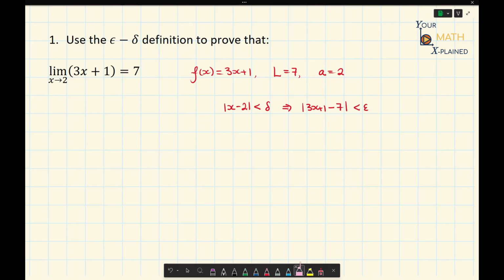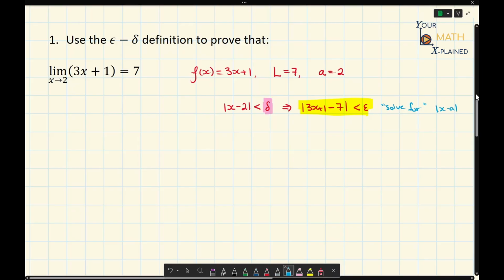And it is up to us to find this specific delta value. So generally, what you want to do is start here, and then solve for the absolute value of x minus a. I have it in quotes because we're not actually solving for it. You can think of it as isolating it, because that way we can go ahead and construct a delta that's going to make this statement true.